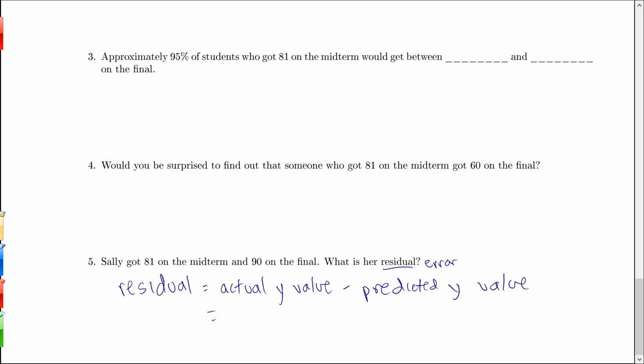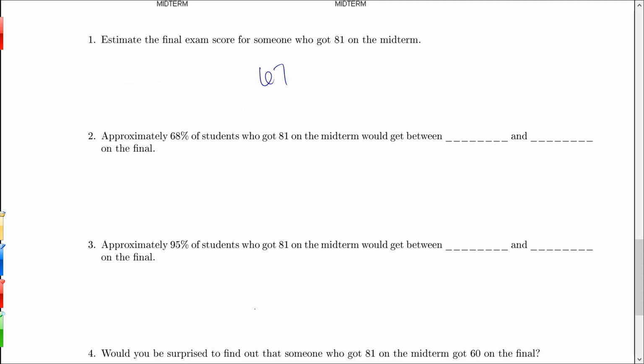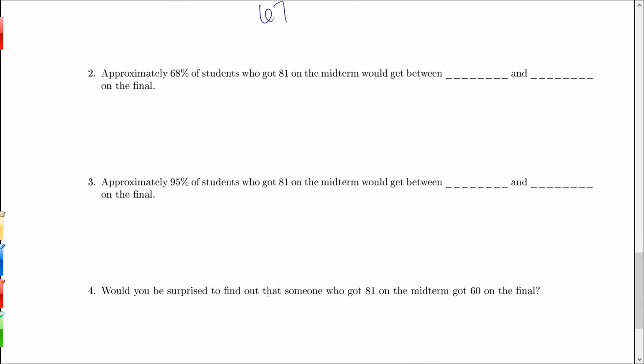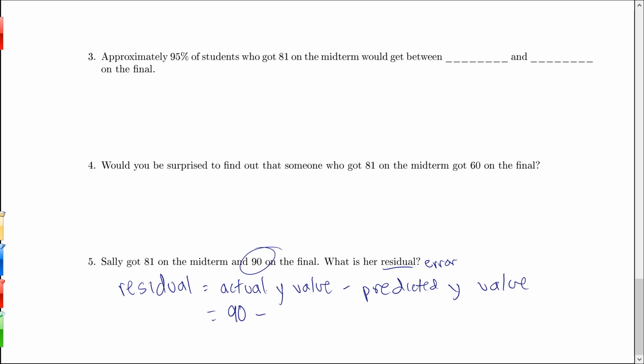Sally's actual final value is this 90. For the predicted y value, we already did that in part 1. In part 1, we predicted someone who got an 81, which matches Sally, should get a 67 on the final. So her predicted value from part 1 is that 67. So we'll do 90 minus 67, or 23.